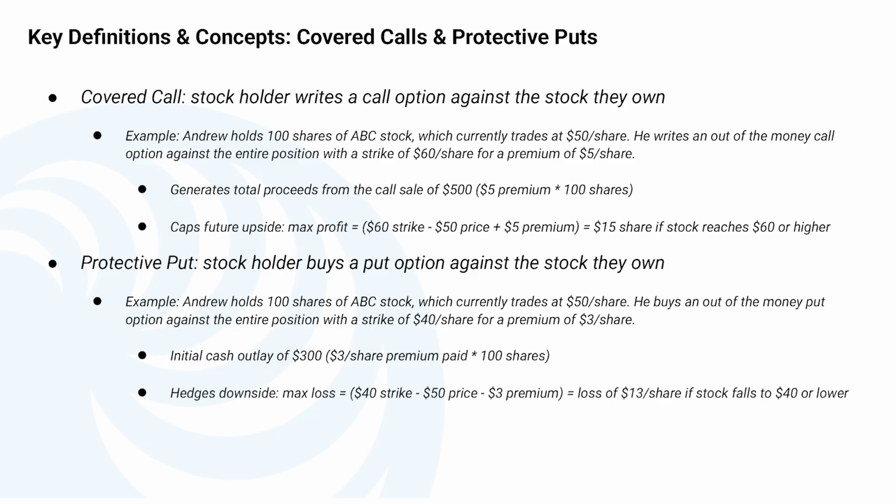The max loss for this security would be $13 a share. The strike less the current price of the stock, less the premium, and that would occur if the stock price falls to $40 or below. So you can see, for example, if the stock were to fall all the way to zero, if the protective put was not on, then the portfolio manager would lose $50 a share.